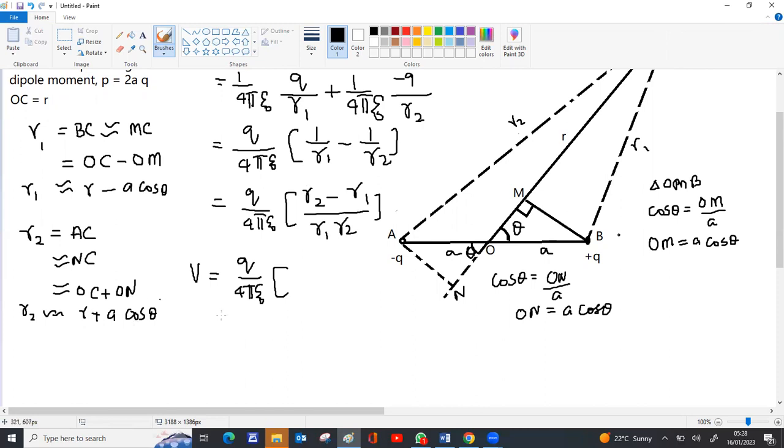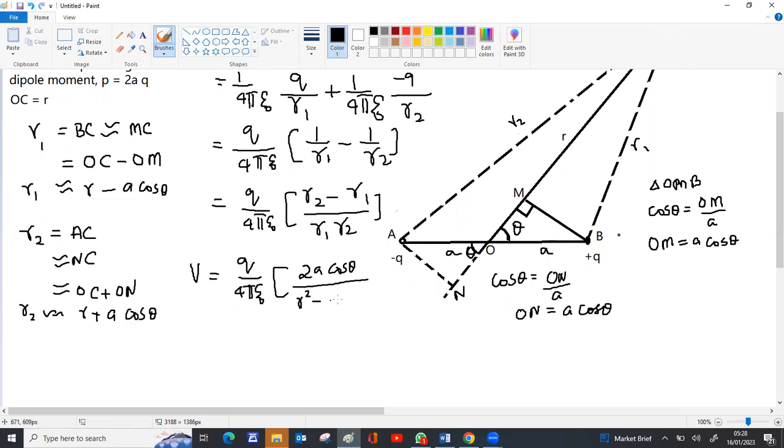So r gets cancelled. It will be 2a cos theta by r1 into r2, like (A minus B) into (A plus B), which is A square minus B square.